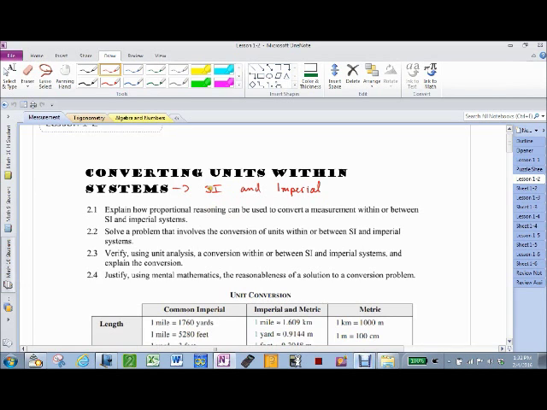So when we are doing SI measurement, a centimeter is 1/100th of a meter. Okay? All right, so when we are dealing with SI conversions, they are just decimals.